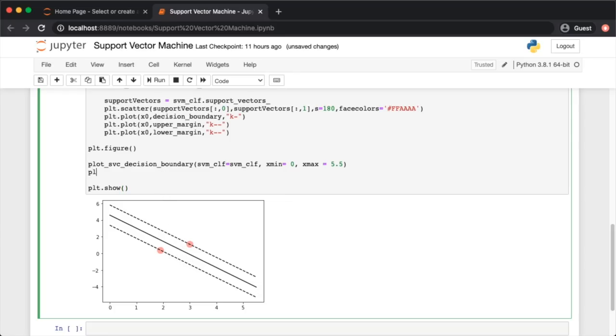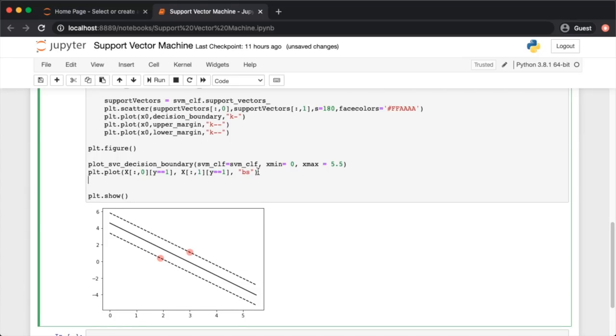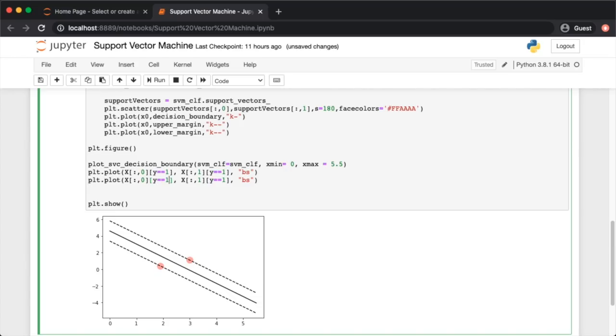Now let's plot the data set. The ones for y equals 1, I'll plot in this color, and the ones for y equals 0, I will plot in another color.